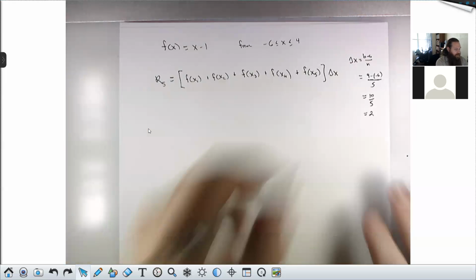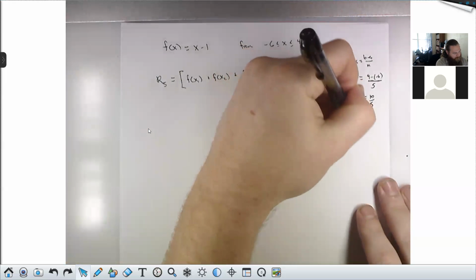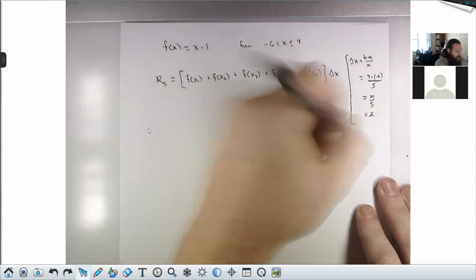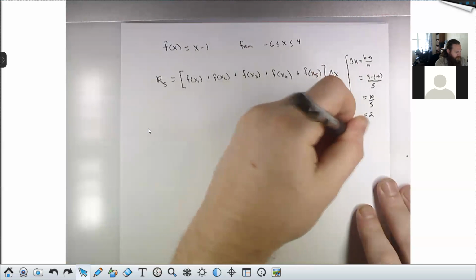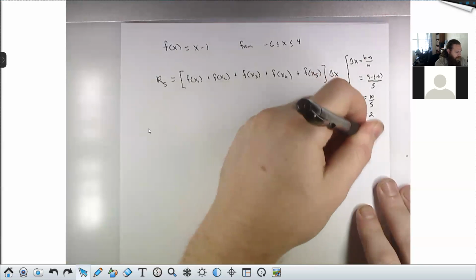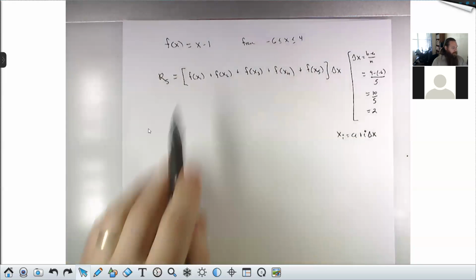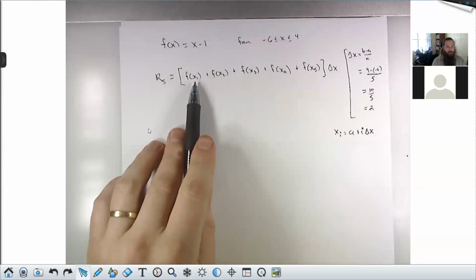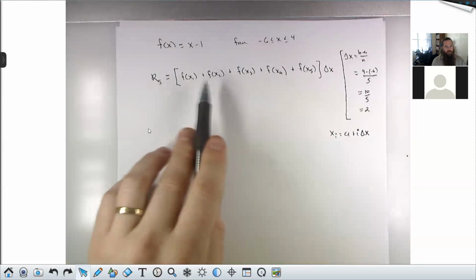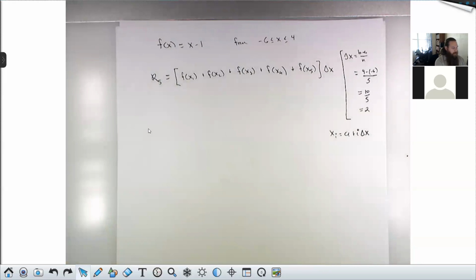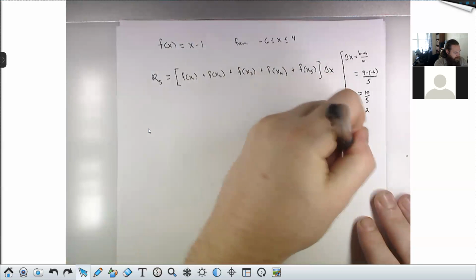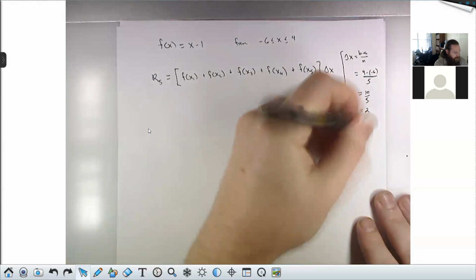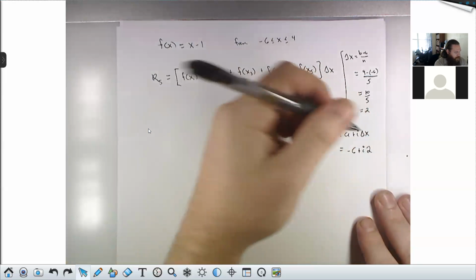And then the xi's. Xi is always a plus i times delta x. And remember, this formula starts with x1, so it's f of x1 plus f of x2 plus f of x3. So our xi's here are going to be -6 plus i times 2.